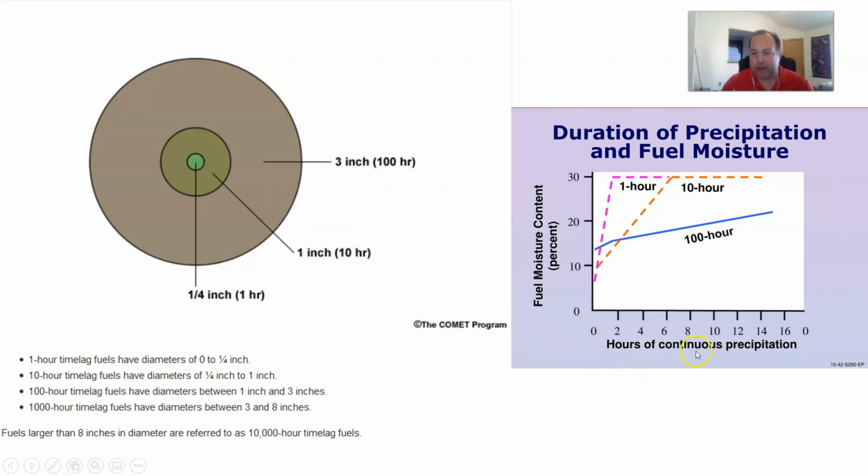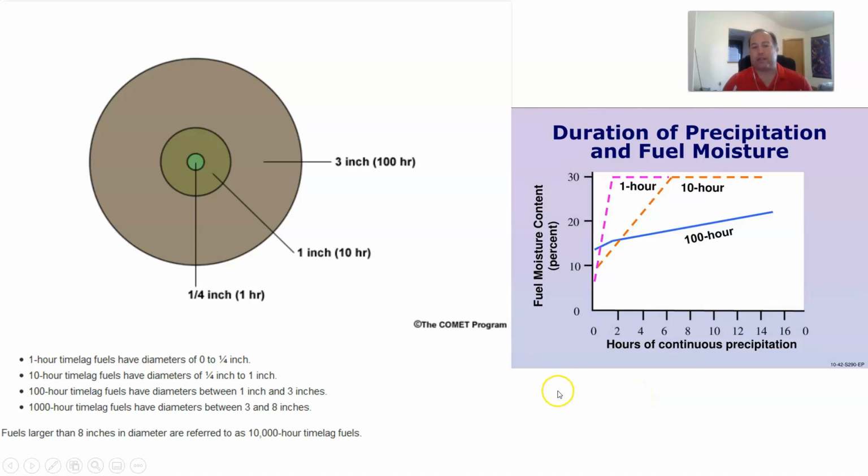If you look here on the right at this chart, it says fuel moisture content and hours of continuous precipitation. You can see that when you get a lot of rain, right away your 1-hour fuels and your 10-hour fuels get full of fuel moisture, whereas it takes a while for your 100-hour fuels to gain moisture. Your 1-hour and 10-hour fuels can gain and lose moisture quickly. Your 100-hour fuels, not so much.